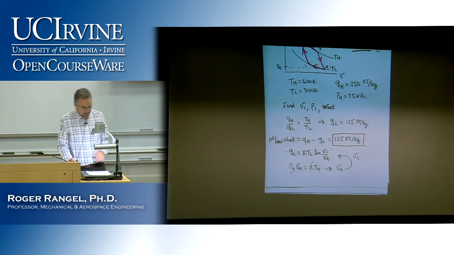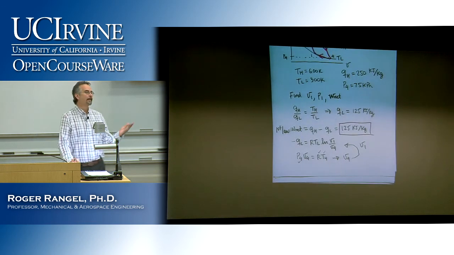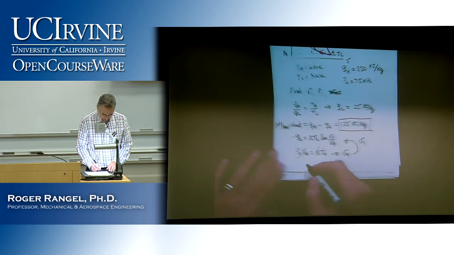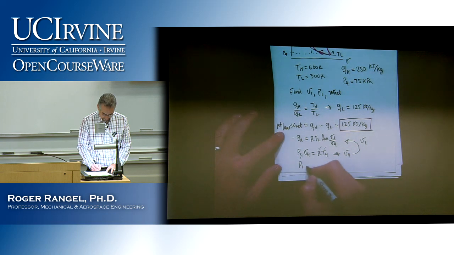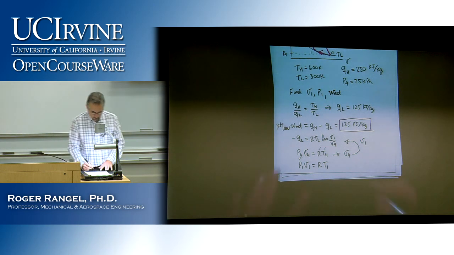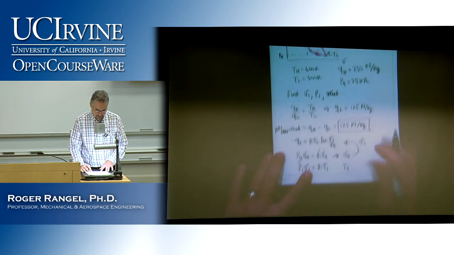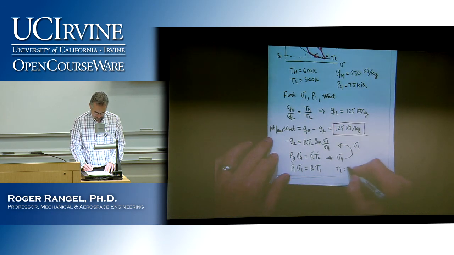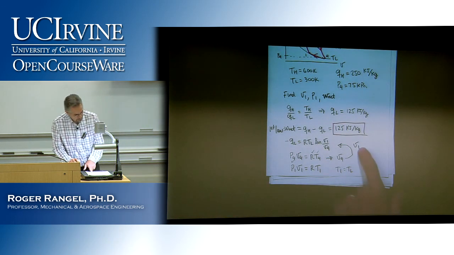And how do we get P1? Back to the ideal gas law. So I can now write P1 V1 equals R T1. But of course, T1 is again TL, and V1 I just got from above.